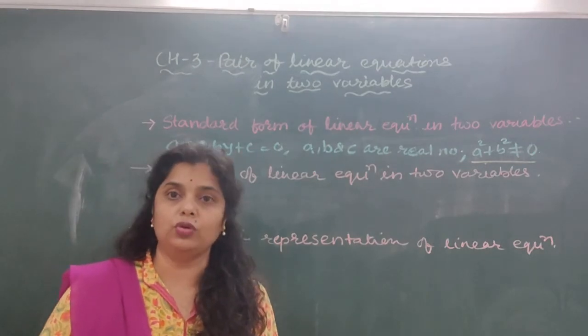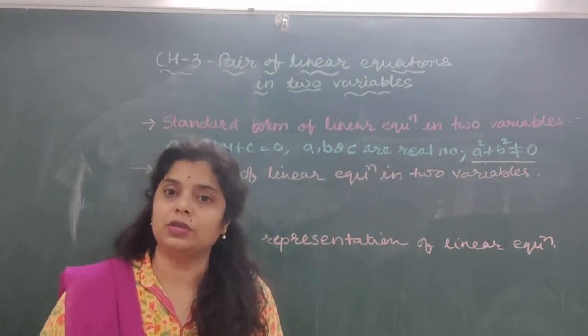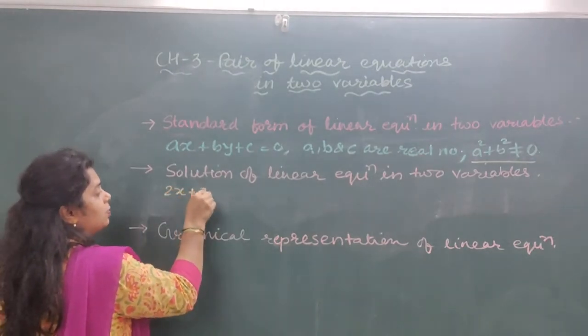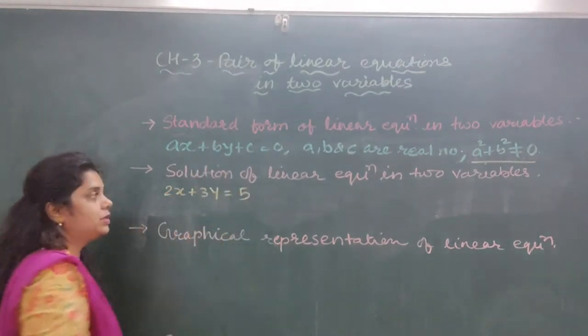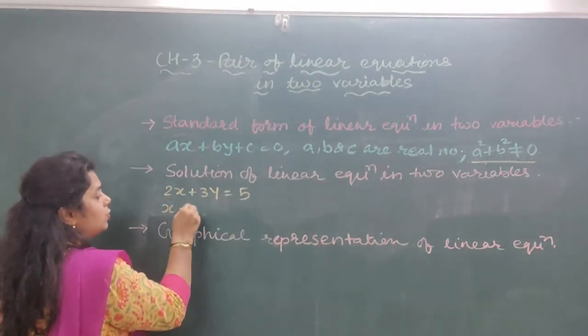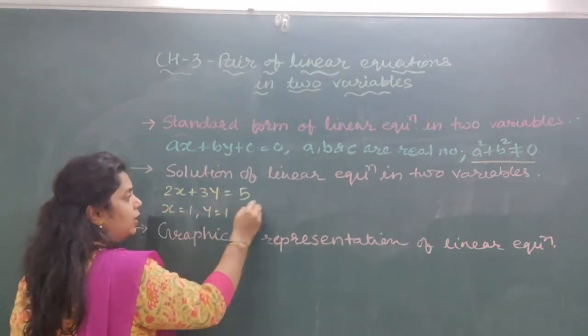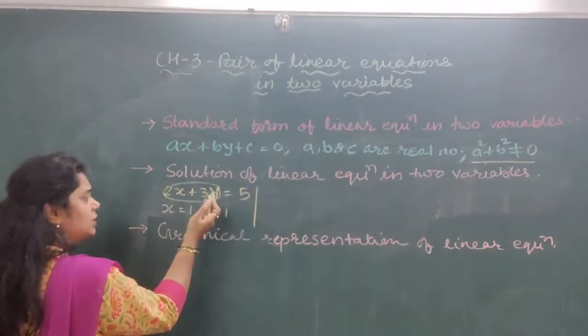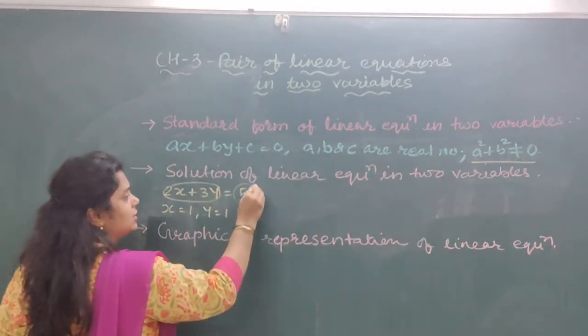What do you mean by solution? Solution means find out the value that satisfies it. For example, if I take 2x plus 3y is equal to 5, this is one of the linear equations. If I put x is equal to 1 and y is equal to 1, this is the left side, so LHS, and this is RHS.